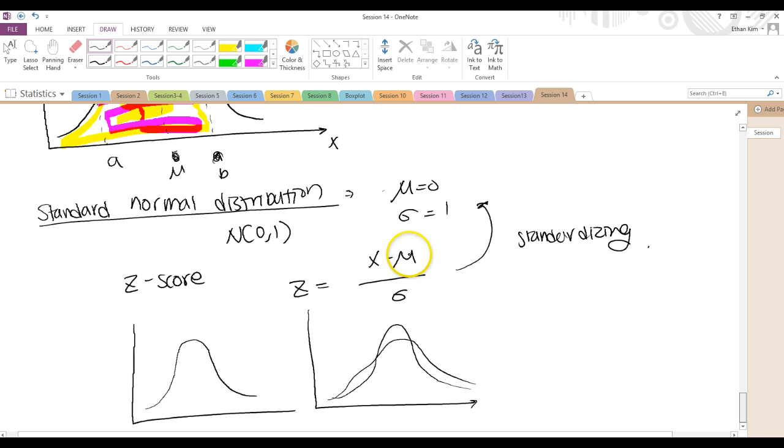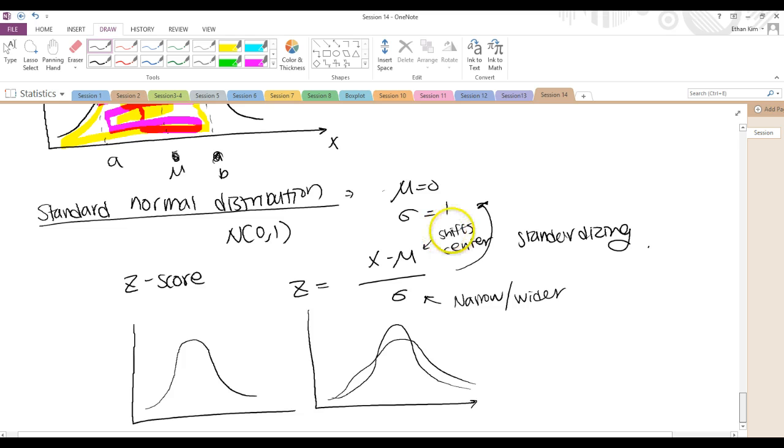And by subtracting the mu, you're shifting. So dividing by this changes the variance. It makes it narrower or wider depending on the shape of your distribution. And subtracting by mu shifts the center.